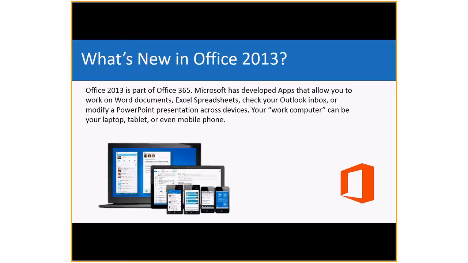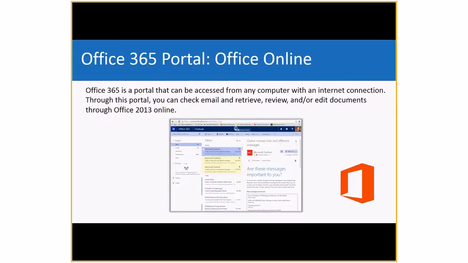So Office 2013 is the version of Office that was designed to work with Office 365. The Office 365 is a portal that can be accessed from any computer with an internet connection. And then once you log into the portal, you can check email and retrieve, review, edit documents, and it really does promote collaboration. Let's take a little bit closer look.